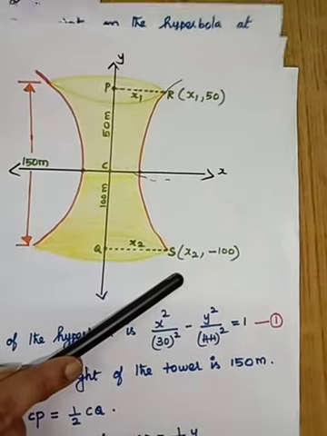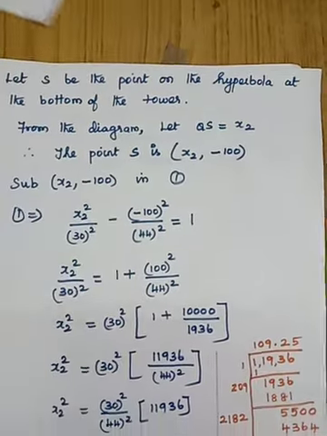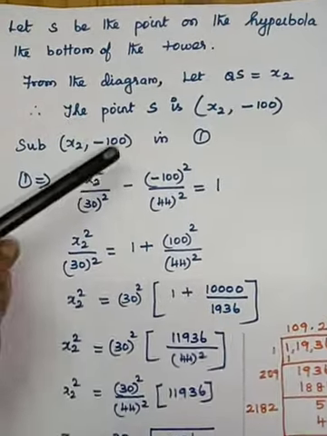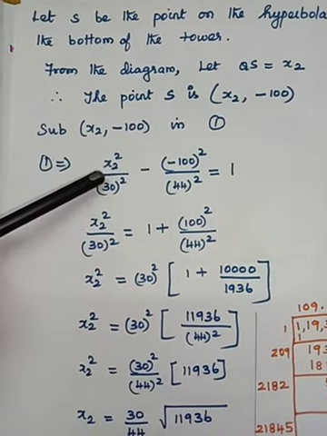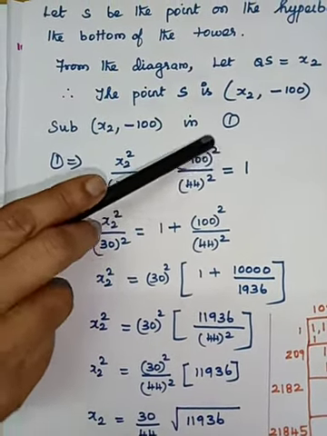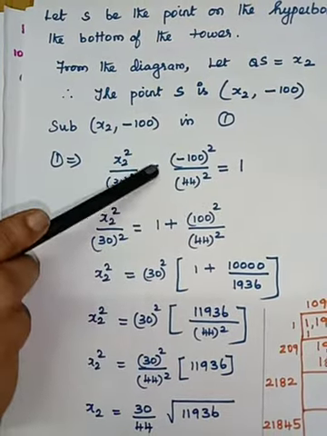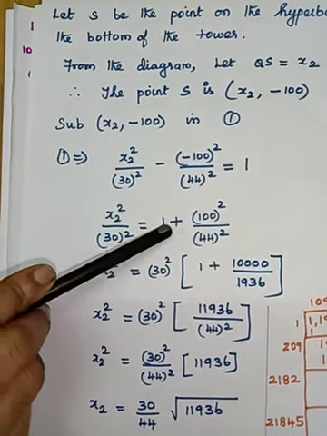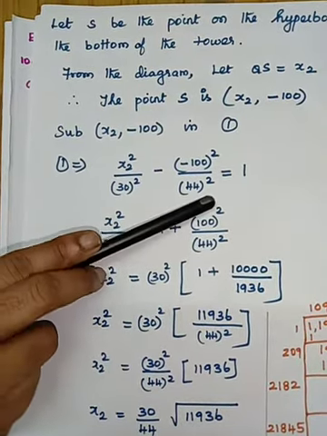This point S is on the hyperbola. So the hyperbola equation will be x2 the whole square by 30 the whole square minus 100 the whole square by 44 the whole square is equal to 1. So when you take this term to the right side, it will become plus 100 the whole square. We can write it as 100 the whole square.